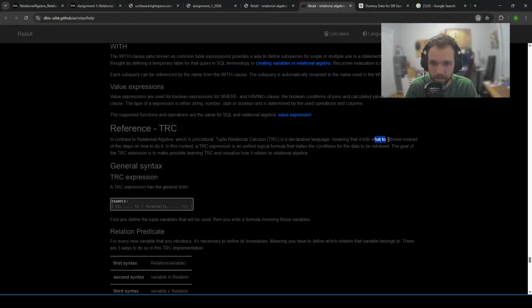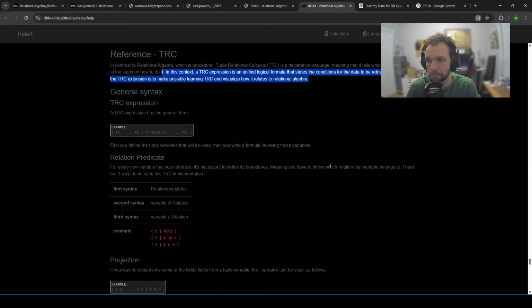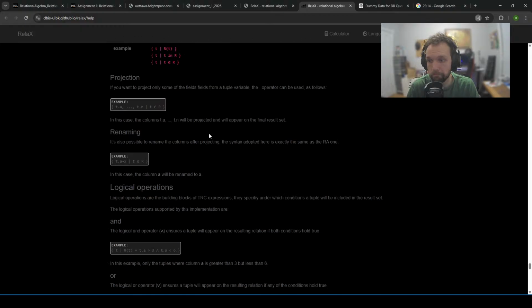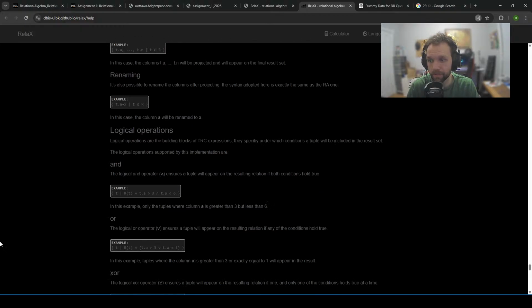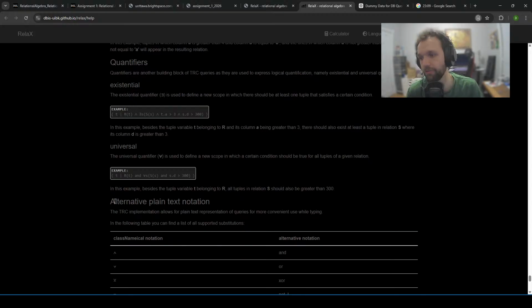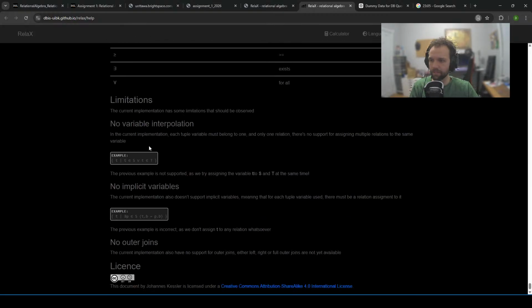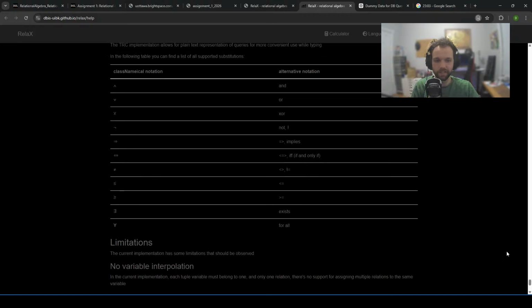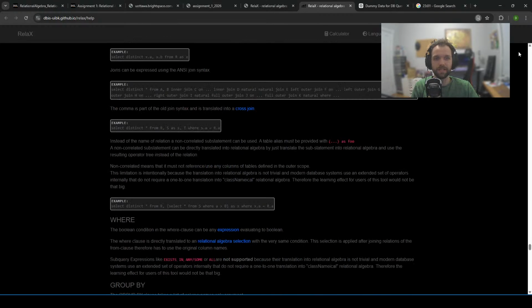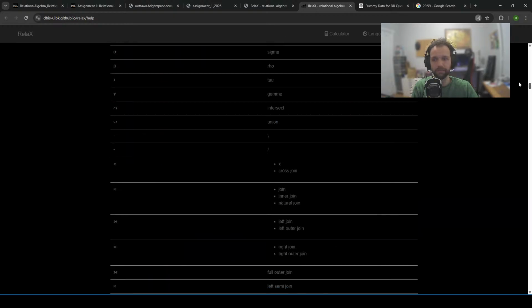Okay. That's nice, so I can use this to figure out the tuple questions. Alternative plain text notation, I'm not interested in that. I want a count function. Give me a count function for the love of Christ.